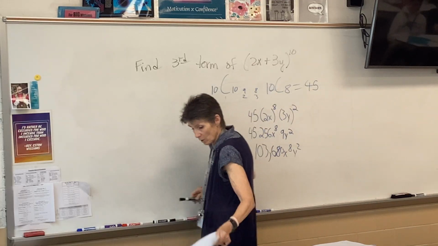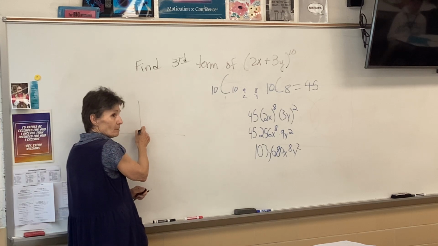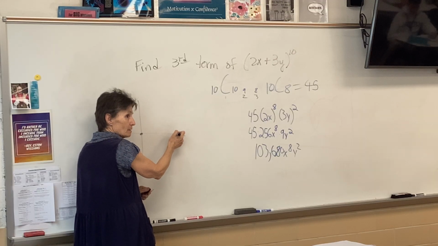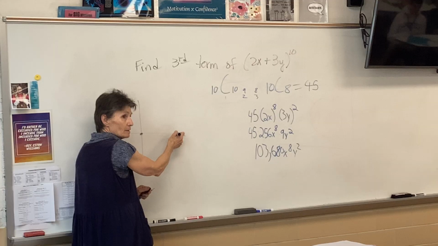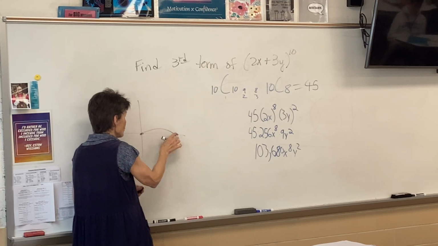So, wouldn't your first point be right here? Right? Not out here. If it were a cosine, you'd be out here, and your first petal would be there. But if it's a sine, you're at the origin.